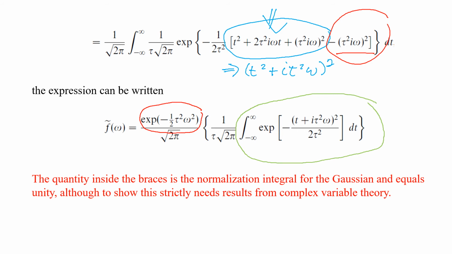Although if you want to show this one, you need to know about complex variable theory, which is out of scope of this lesson. So this expression here is just equal to 1. This quantity is the normalization integral for the Gaussian and equals unity.